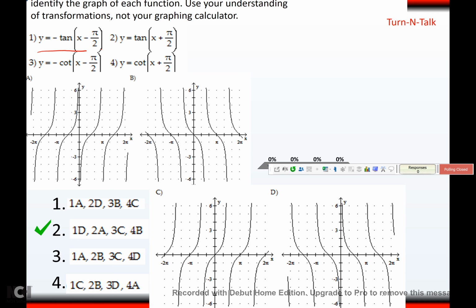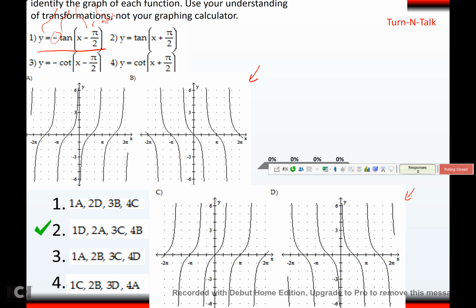Alright, graph 1. We're looking at tangent shifted to the right pi over 2 units, and it's got to be going in the opposite direction. So normally tangents rise. Because of the negative, I know it's going to be falling. So I'm looking at this one or this one.